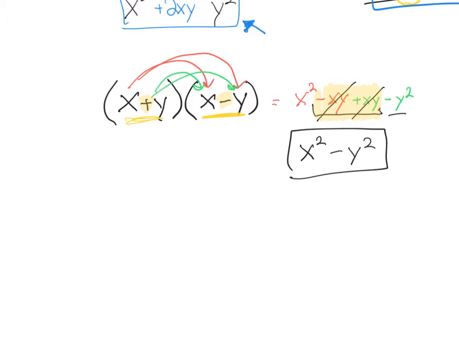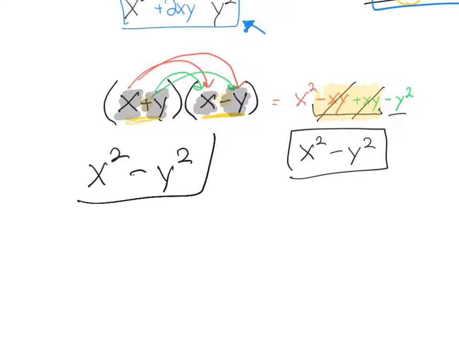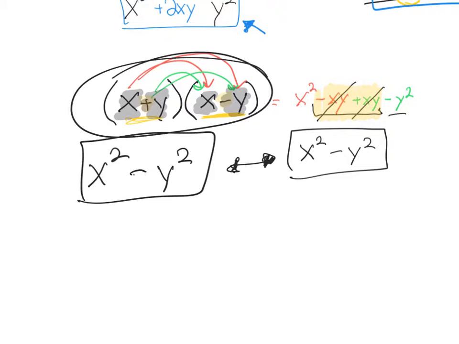So the shortcut here is take whatever is in the front, that's going to be x times x, so I'm going to get x squared, and take whatever's in the back, positive y, negative y. Now they've got to be opposite signs, remember. Opposite signs mean it'll cancel out. So that means this will always be a negative y squared. Shortcut, get the same answer. If you don't see the shortcut or you don't want to remember the shortcut, just multiply it out like you normally would.